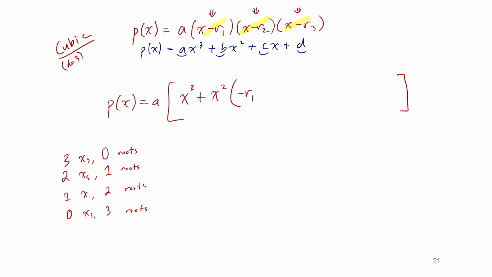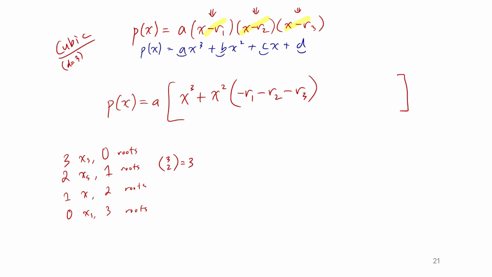If I instead multiply the x's from the first and the third, I'll get negative r2. And then if I lastly multiply the x's from the first and second parentheses, I'll get negative r3. And those are the 3 cases, right? How do I know those are the 3 cases? Well, because if I have 3 parentheses and I want to choose 2 x's, there's 3 ways to do that. So it all comes back to this.